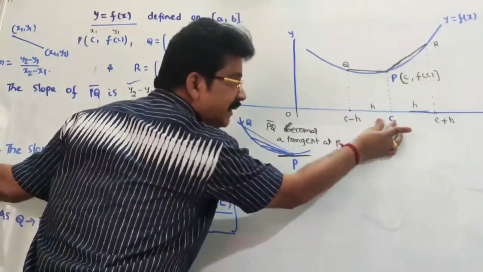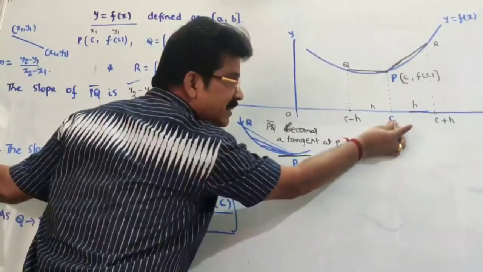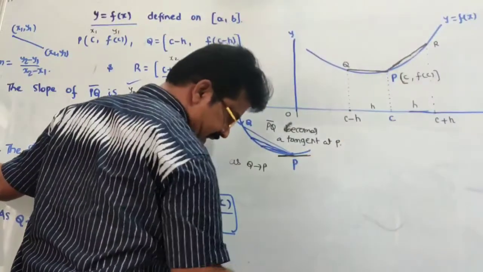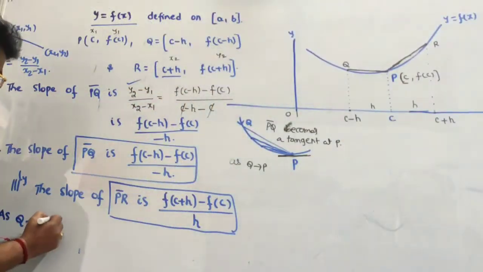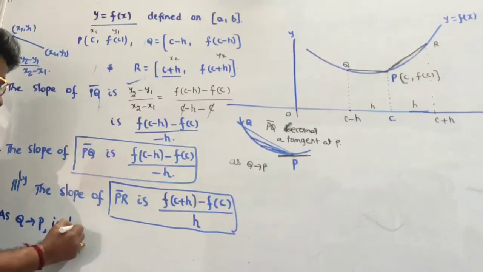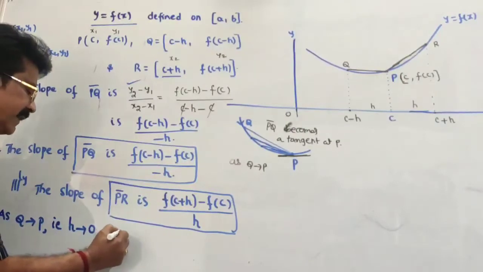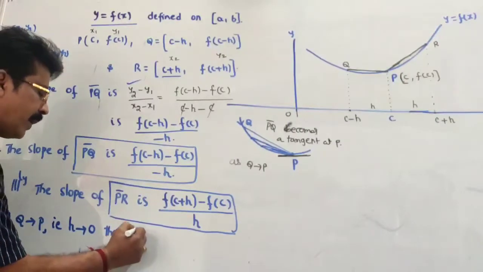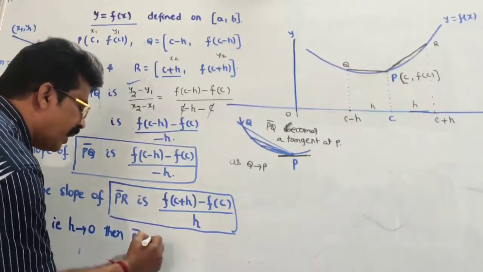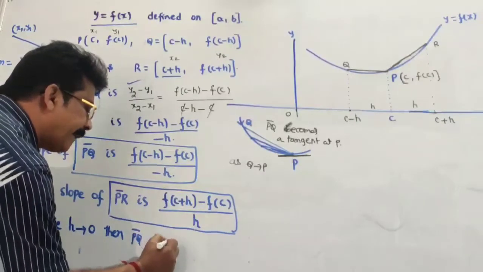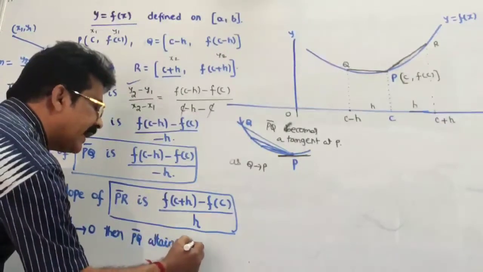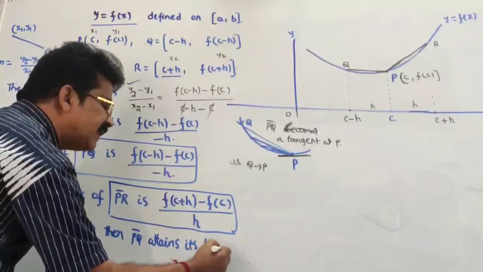Means gradually h becomes 0, that is h approaches 0, then PQ bar attains its limiting position.